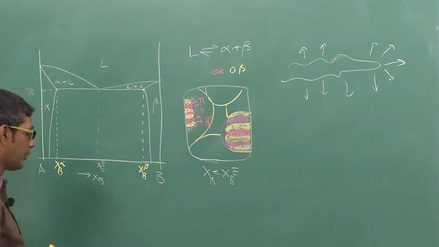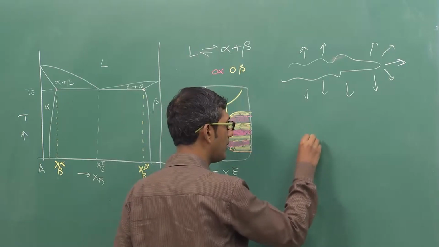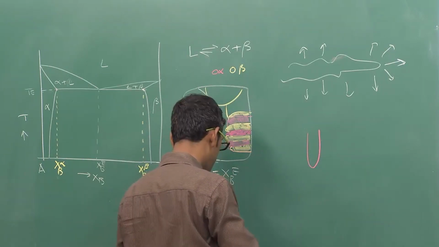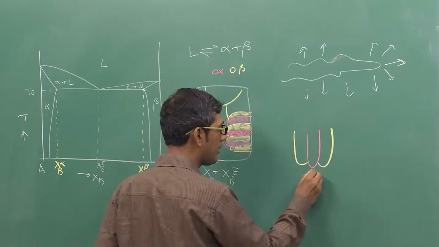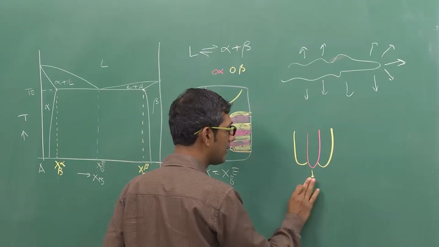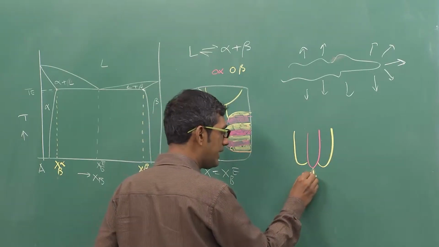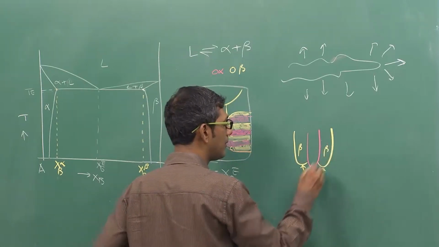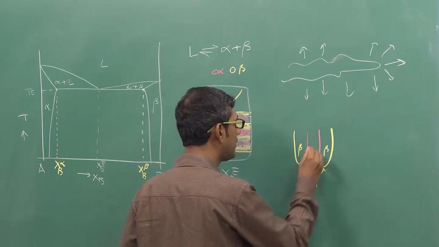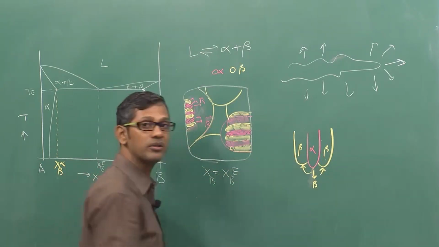But on the other hand, in eutectic, if I draw it again, this lamellae, only 2 lamellae, 1 alpha and 2 beta, I will be able to explain you nicely. So alpha will reject B, okay. This B is required by beta, right. As the alpha rejects B for its growth, this B will be required by the beta to grow.